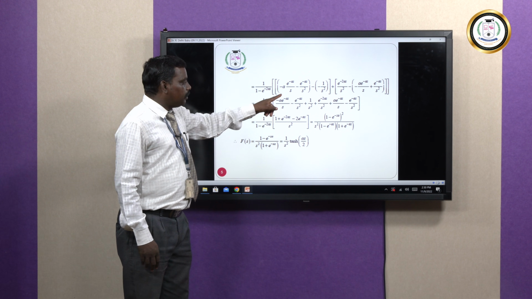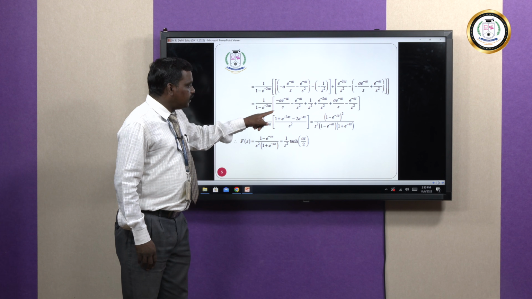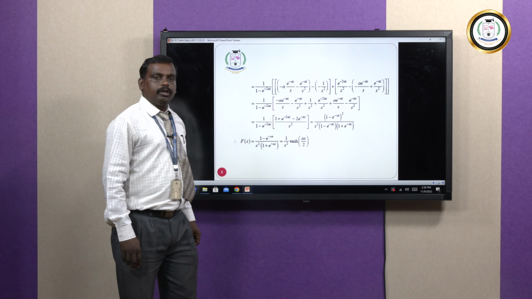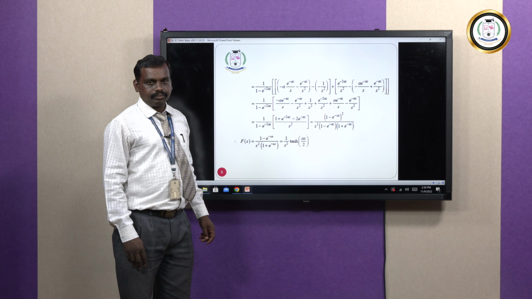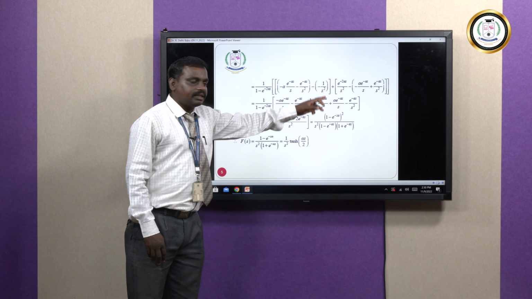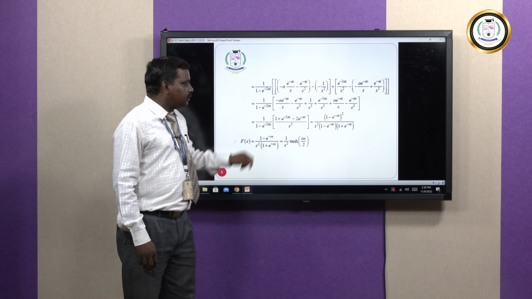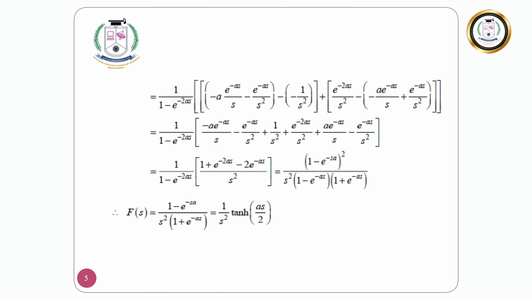Now see the first term and fifth term, minus a e power minus as by s plus a e power minus as by s gets cancelled. So minus sign plus sign gets cancelled. Now I will write the positive term first, 1 plus e power minus 2as.